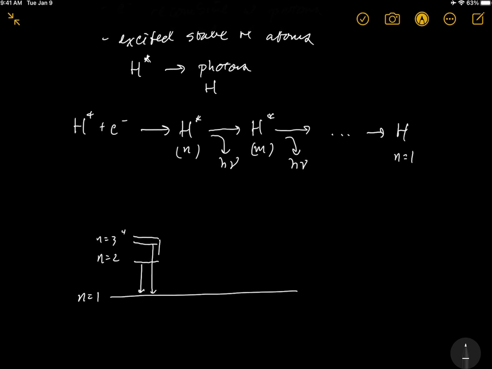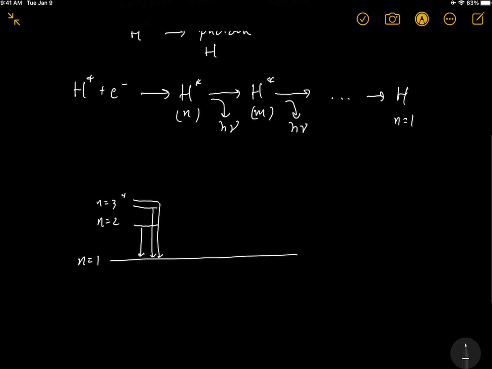And you can have, of course, going from n equals 4 and so on. So you end up with a series of lines that I'm going to group together here. This isn't the only series of lines, but this is a series that we call the Lyman series.